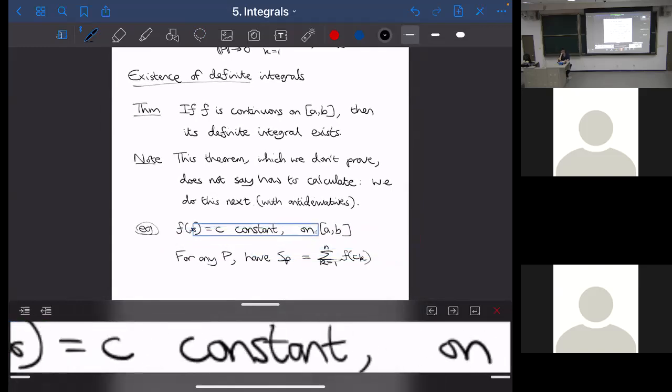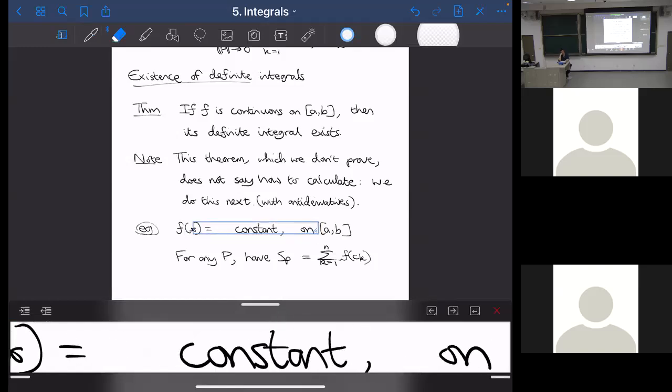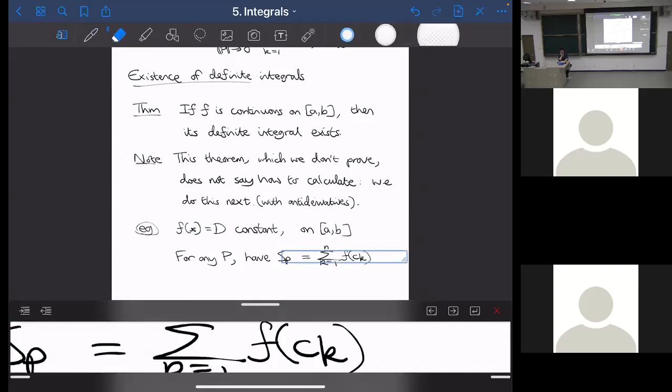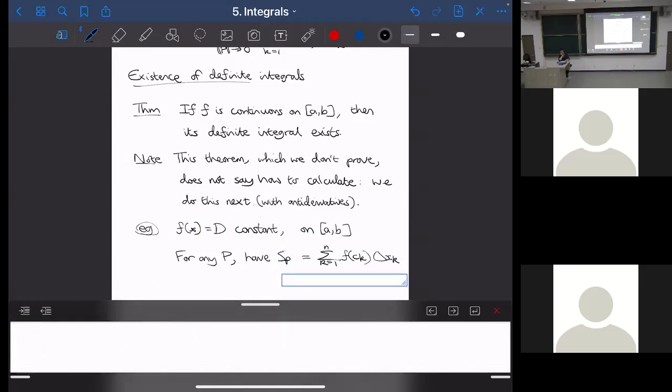So I'm going to change the name of my constant so it's not confusing. Let's change the name of the constant to d. f(c_k) times the width of the intervals.